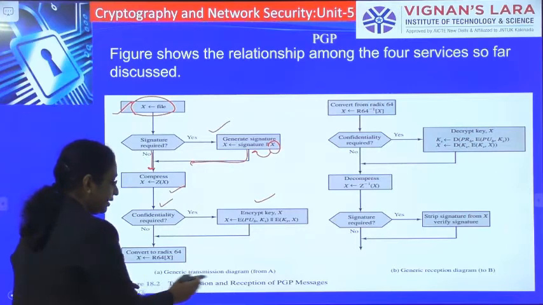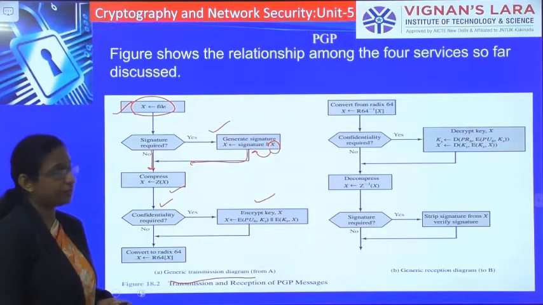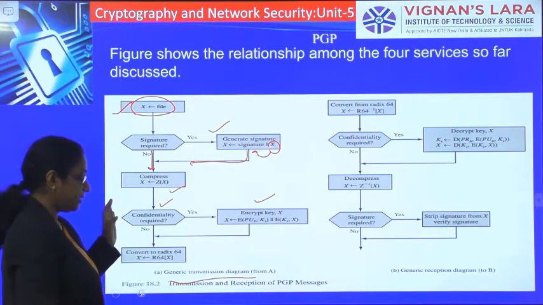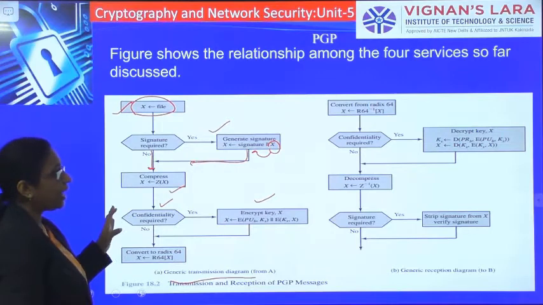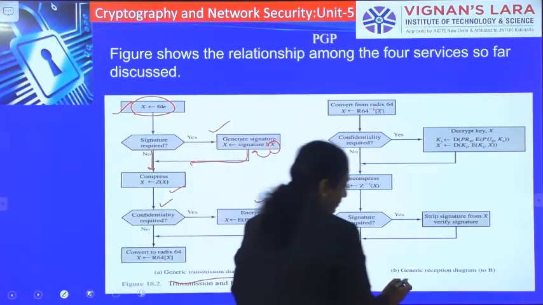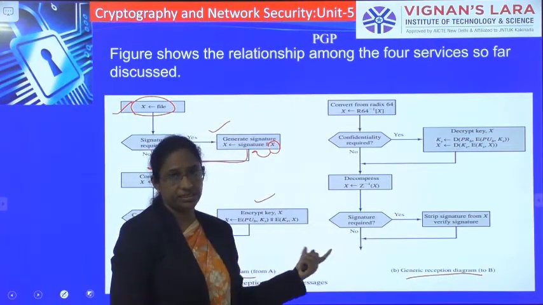So this is the generic transmission diagram from the source A, and this is the generic reception diagram to B. B is the receiver here.